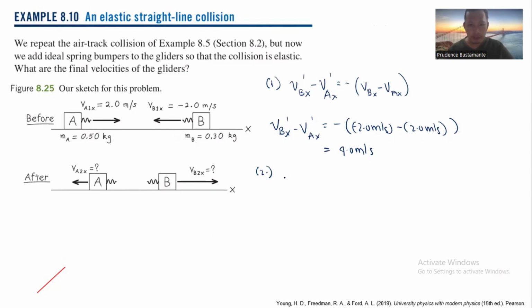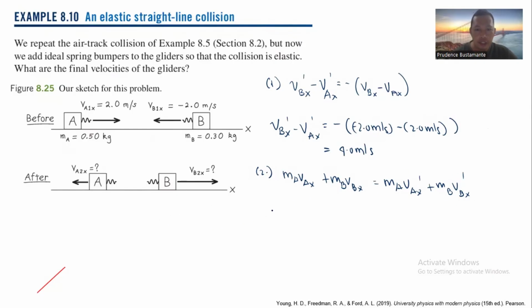we know that we have MA VAX plus MB VBX is equal to MA VAX prime plus MB VBX prime. Good, that's from the conservation of momentum. Okay, what to do next? Let's plug in the values. We have two unknowns.